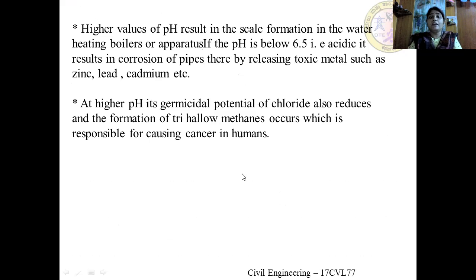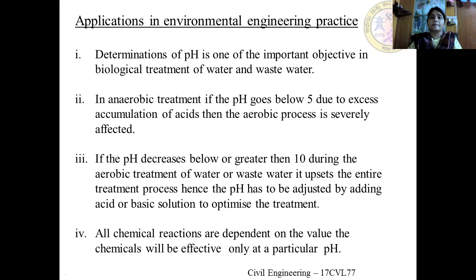Even at higher pH, the germicidal potential of chlorine reduces, and hence it forms trihalomethanes, which are responsible for causing cancer in humans. So it is carcinogenic in nature. Hence, high pH is avoided. We cannot consume such water with high pH values.